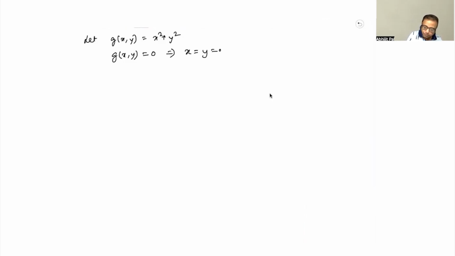Now let me come back to the earlier example. x^2 + y^2 = 1, so f(x,y) = x^2 + y^2 - 1, and f(x,y) = 0 represents this unit circle in R^2.